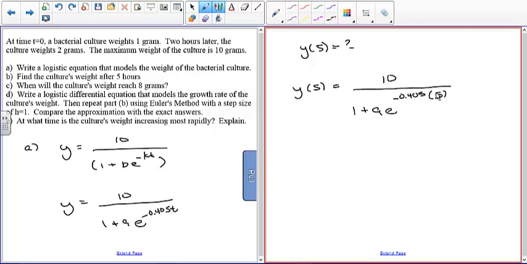And I'll do it on my calculator to see what I get. Actually, it's easy for me because I've already got the equation in there. Let's see what my number is here.